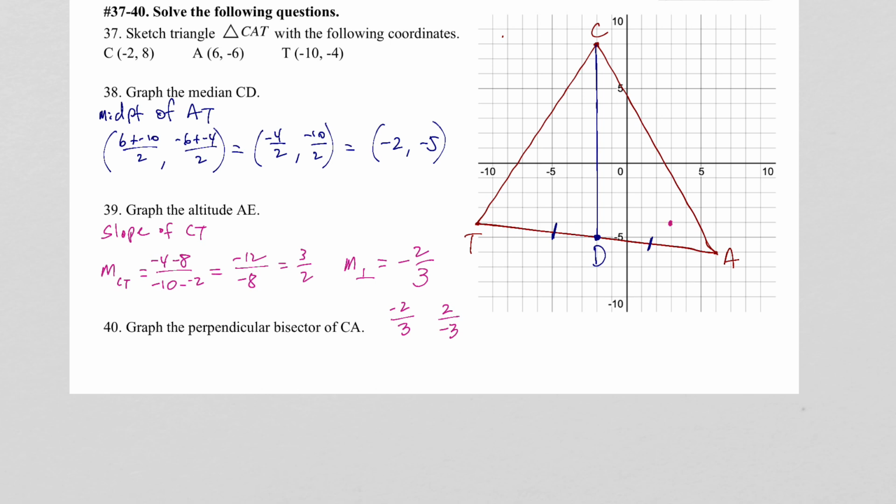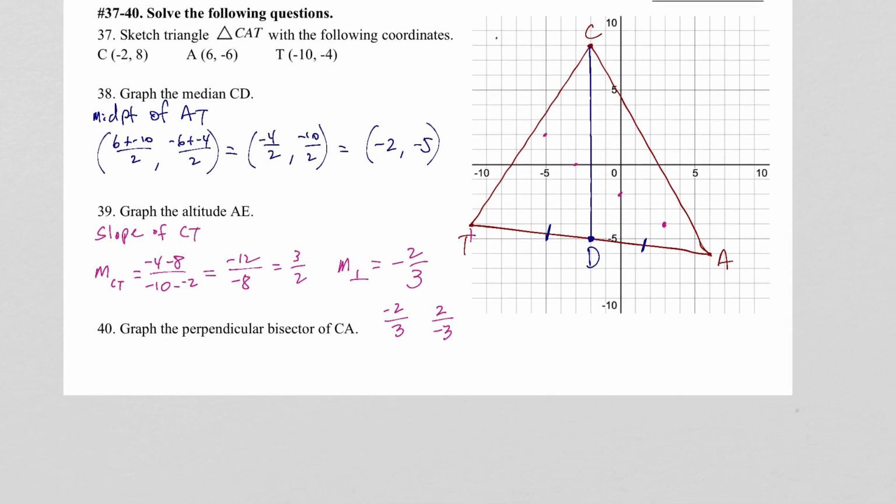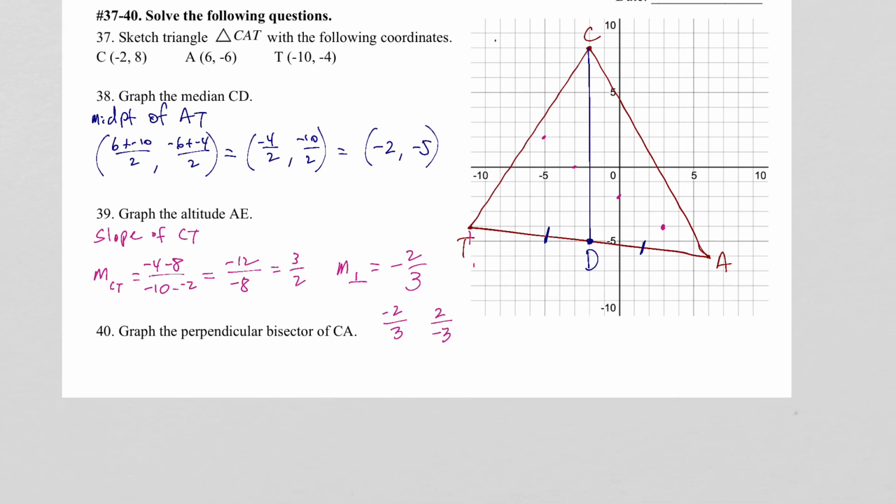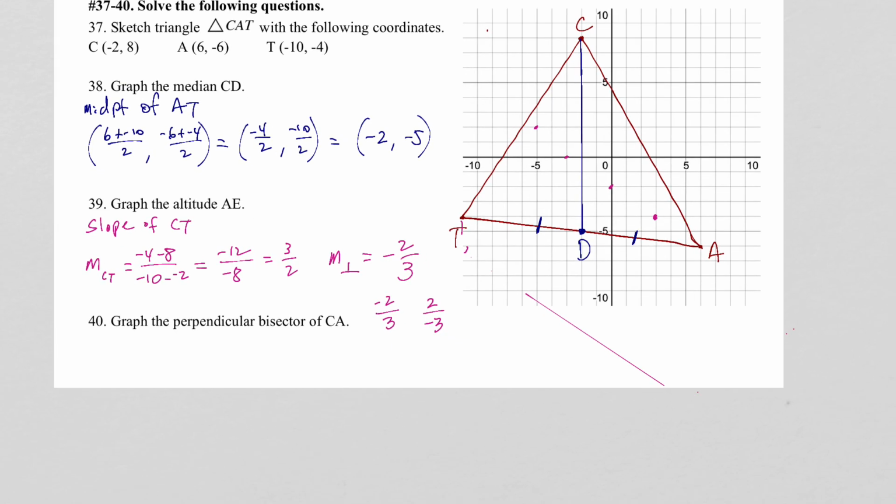Okay, I'll draw a couple of them so it's easier for me to draw this. So rise 2, run 1, 2, 3, rise 2, run 1, 2, 3, something like that. And did I do this right? Rise 2, run 1, 2, 3, yeah. Okay, all right, there it is.